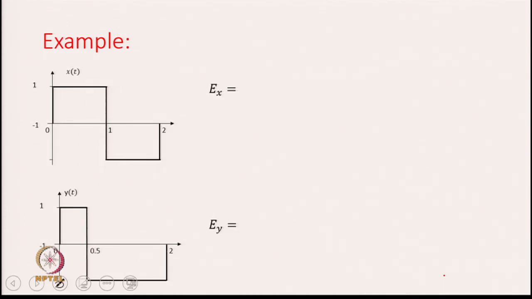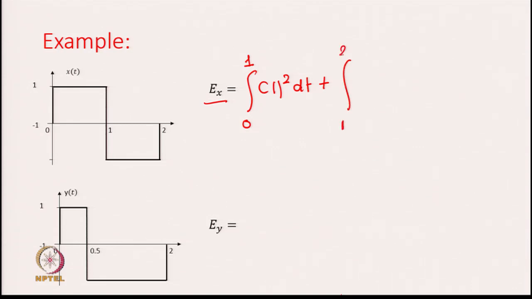First, let us derive the energy of signal x(t), and this can simply be obtained by carrying out this integration. And this will turn out to be 2.